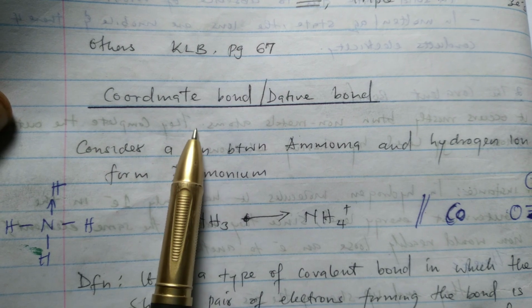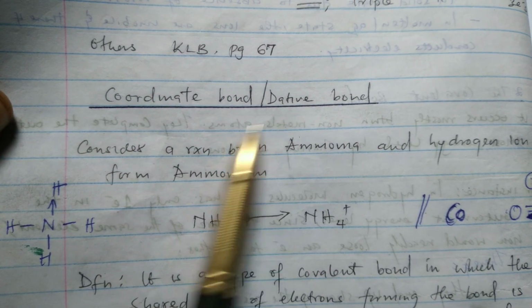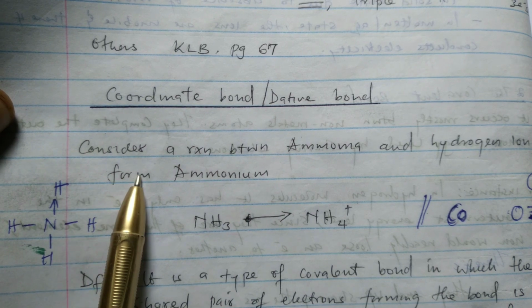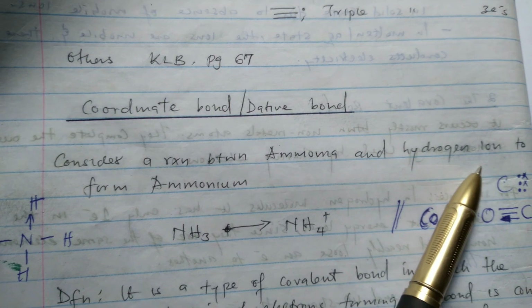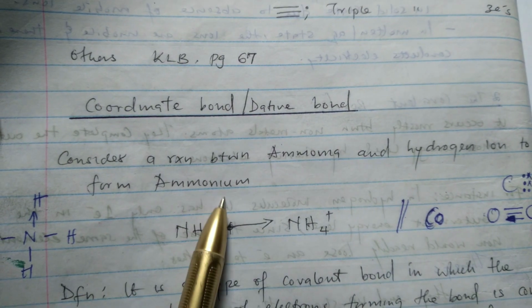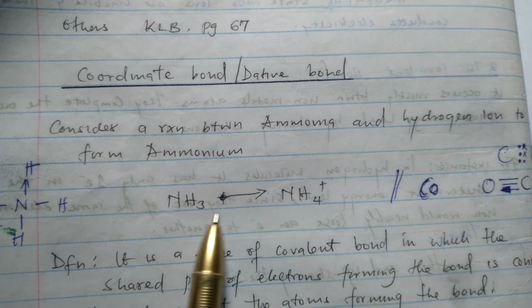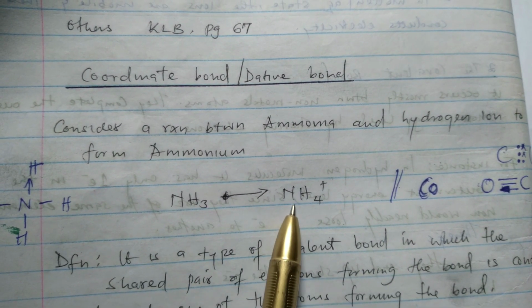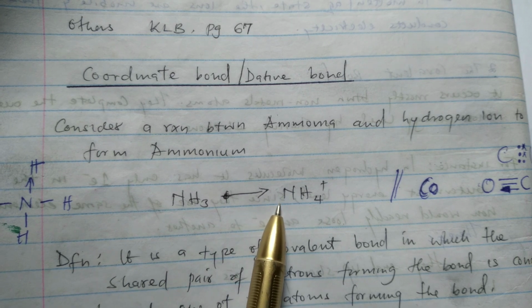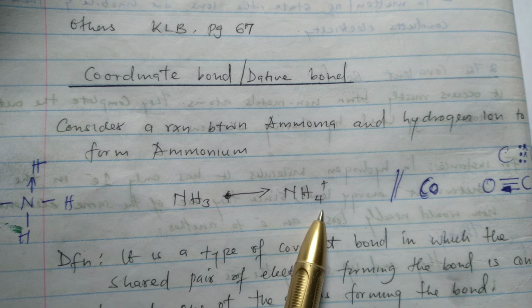Now, still in covalent bond, we have another bond we call a coordinate bond or dative bond. When we consider a reaction between ammonia and a hydrogen ion, we form an ammonium ion. A good example is here: we have ammonia, and then we add a hydrogen ion, then we end up with the ammonium ion, right?